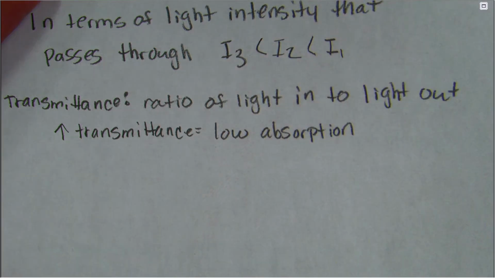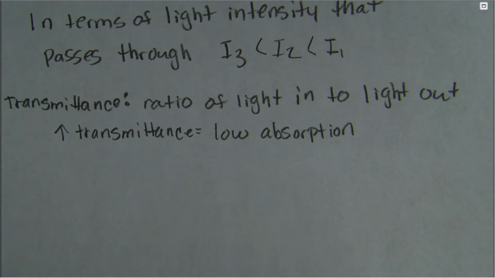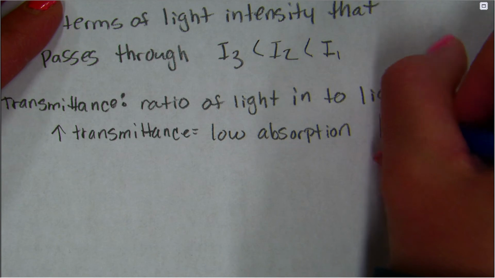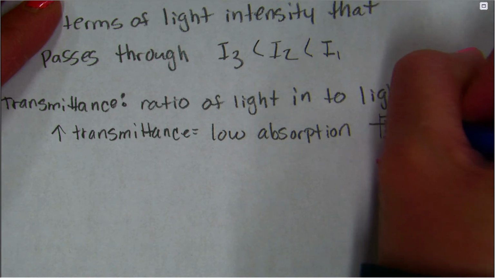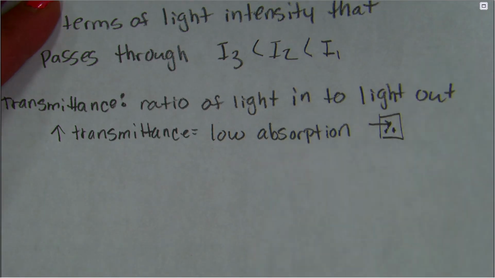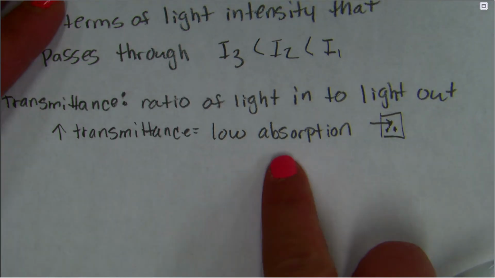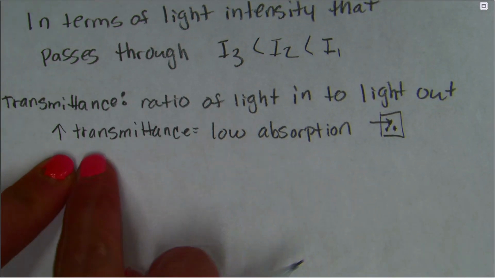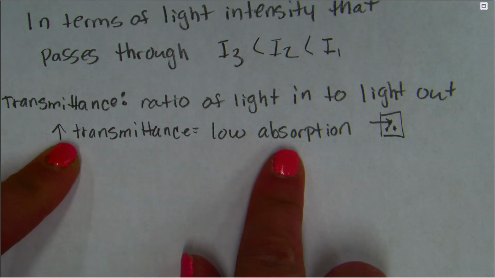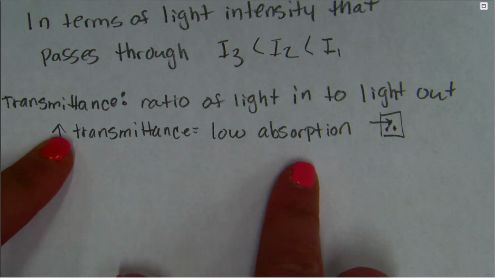Absorption is those particles absorbing the light, like we did in our diagram above. A light particle comes in or light hits a particle and it gets absorbed. So this is our absorption. The more light that passes through, the lower the absorption.